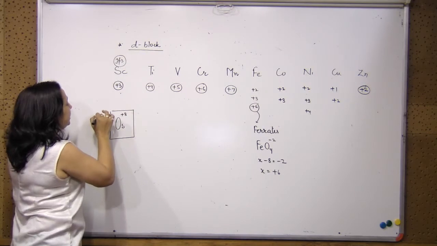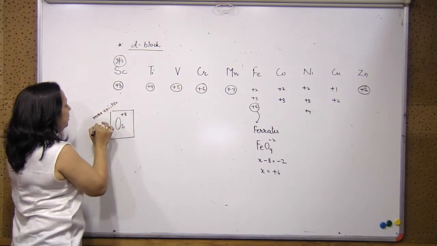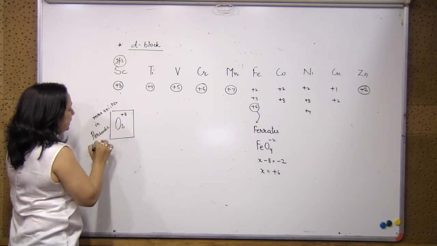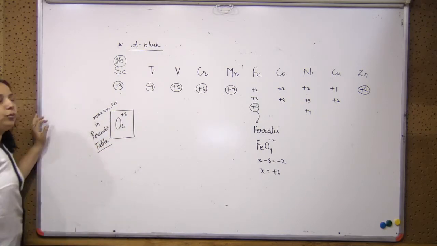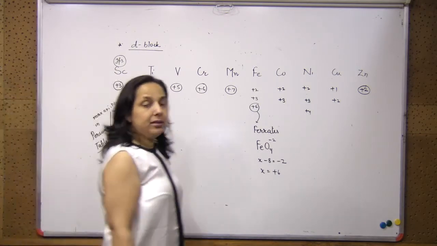This is the maximum oxidation number in the periodic table. +8 is the maximum oxidation state shown by an element. So osmium +8 is the only element with that maximum possibility.